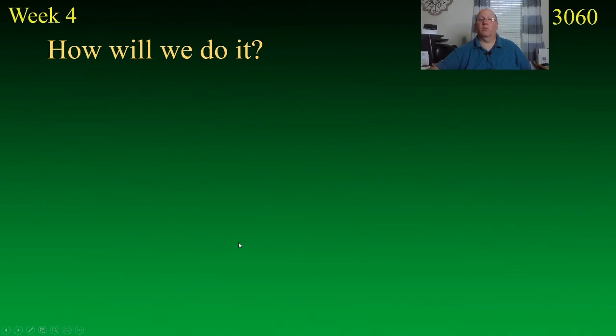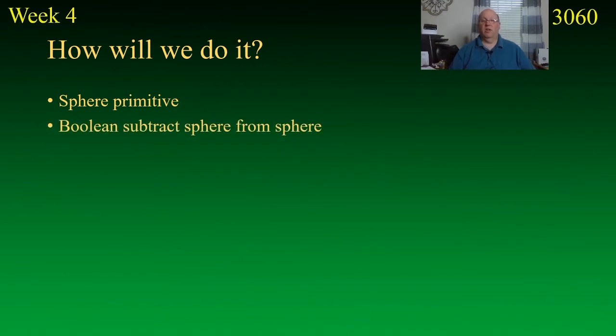And how are we going to make a wiffle ball? Well, the first thing we're going to do is use the sphere primitive, meaning that you're going to literally make a ball using the numeric pad to make it a perfect sphere. Then you're going to copy the sphere, put it on another layer, shrink it just a little bit, put it into the other sphere, and Boolean subtract it.